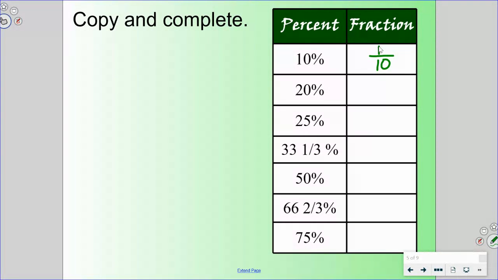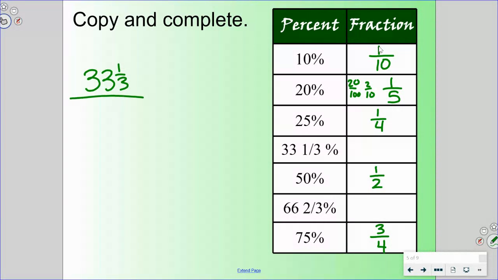So just a reminder, 20%, yes, is 20 hundredths. Yes, that could reduce to 2/10, but the most simplified version of that would be 1/5. 25, most of you are good with that. And of course, 50, many of you might have skipped and done that one right away. 75%, think about money, 3/4. Now, how about these? If you needed to, you could go off to the side.